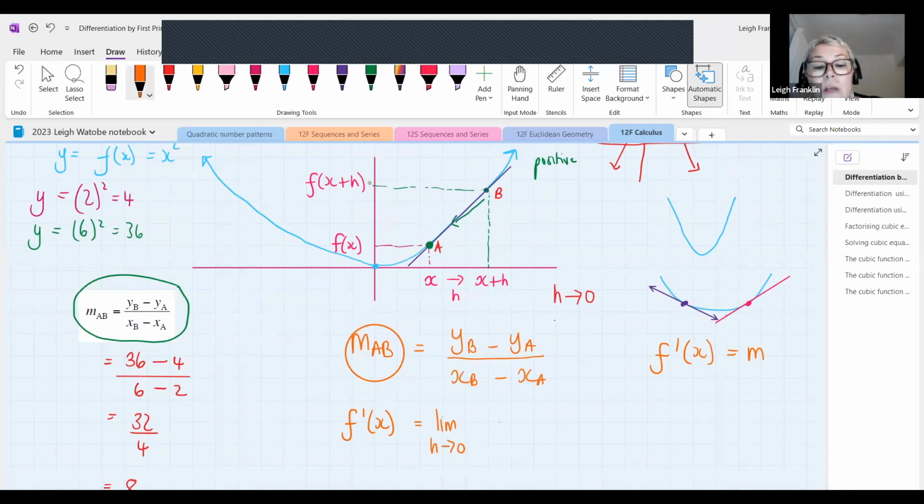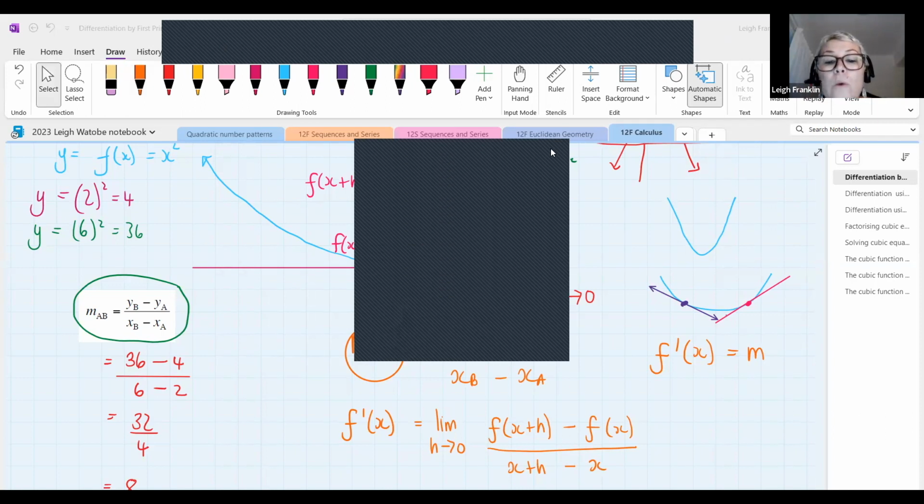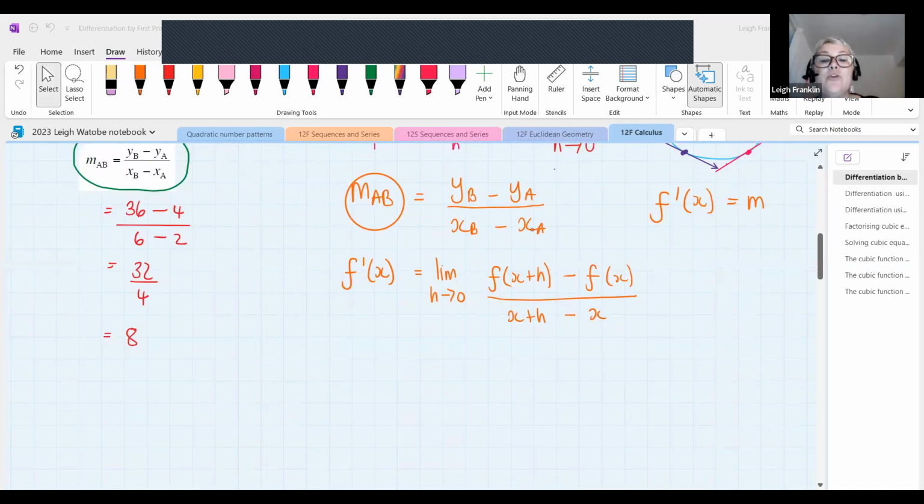It was called f of x plus h, minus the y at a, which was f of x, all over the x at b, which was x plus h, minus the x at a, which was just x in this case.